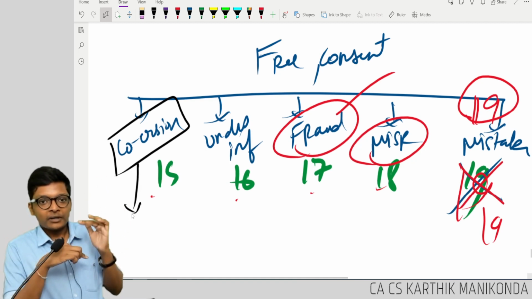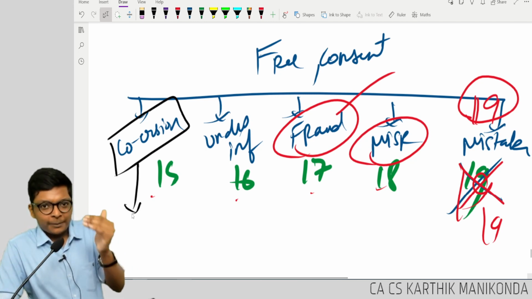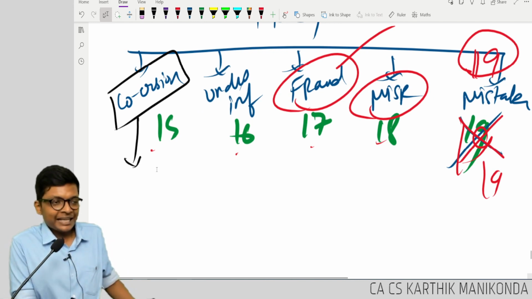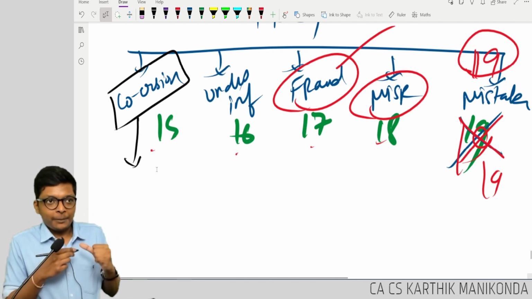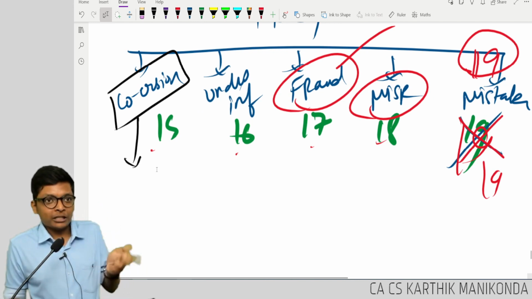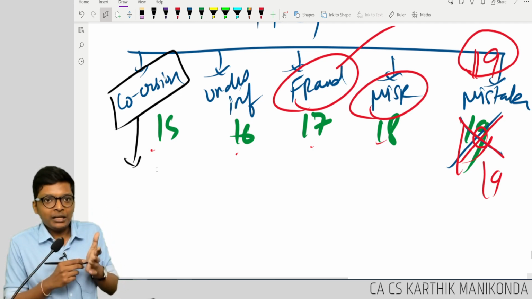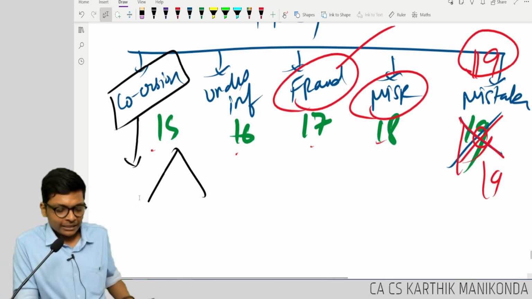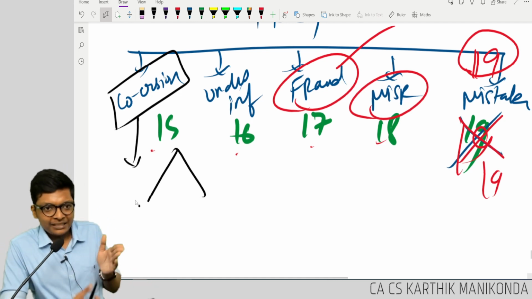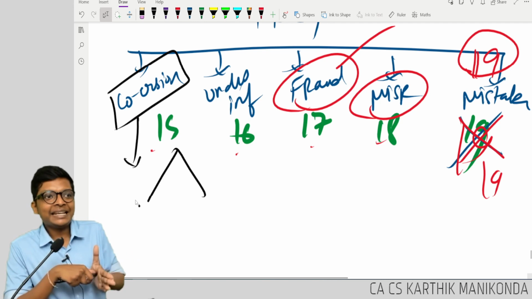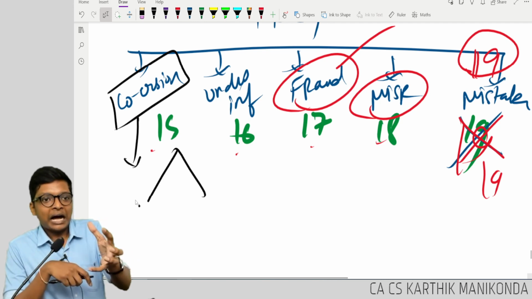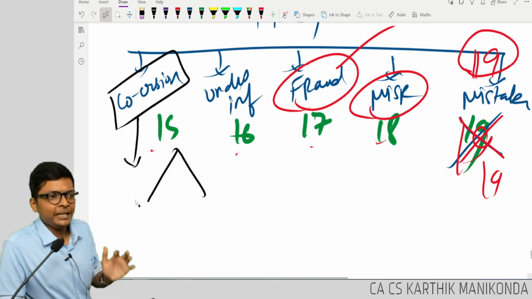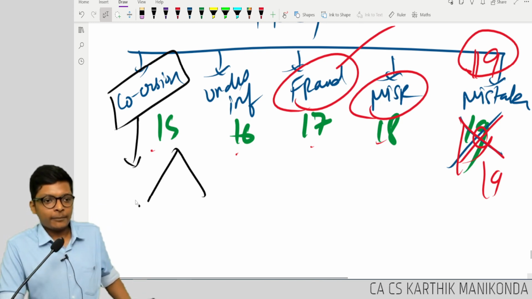Coercion is committing or threatening to commit any offense which is prohibited by the Indian Penal Code, like killing someone or threatening to kill, or it's unlawful. The definition goes like this: committing or threatening to commit any act forbidden by the Indian Penal Code, or unlawfully detaining or threatening to detain any property belonging to any person.